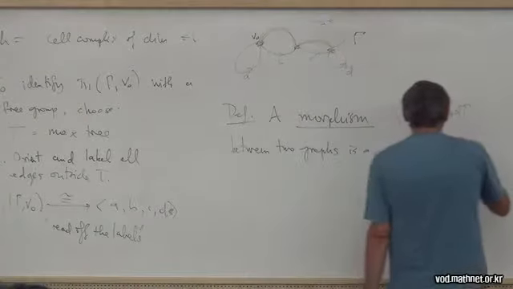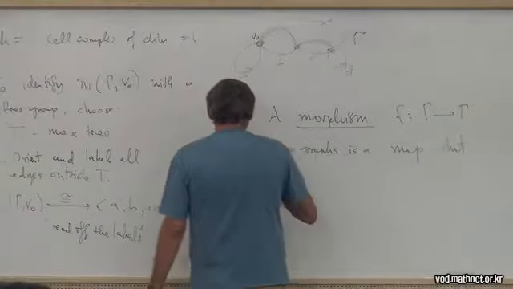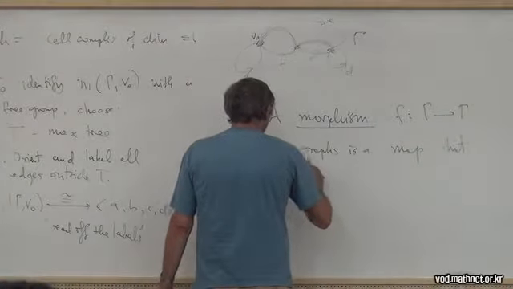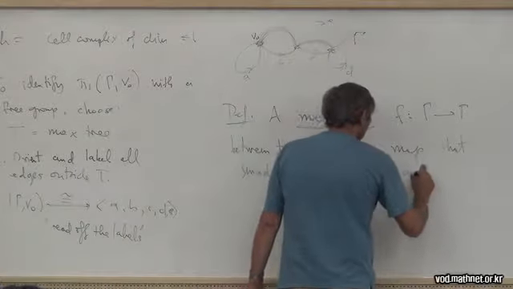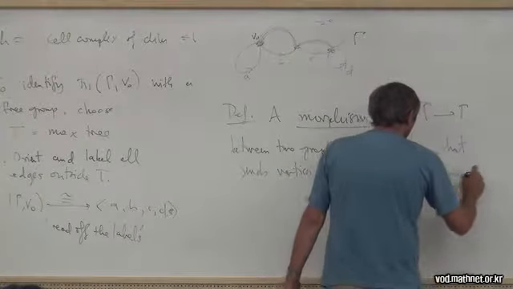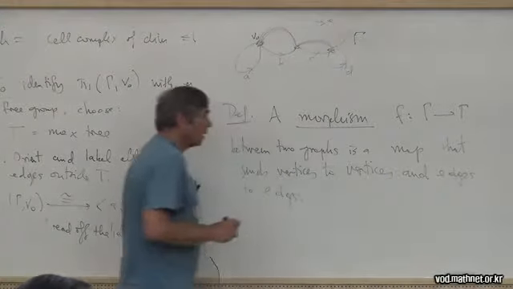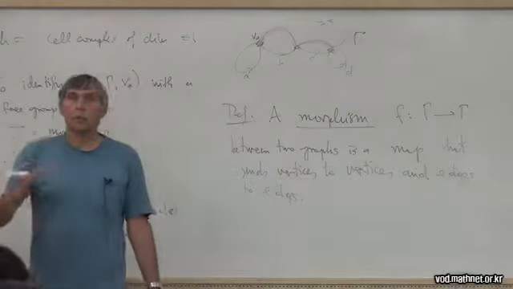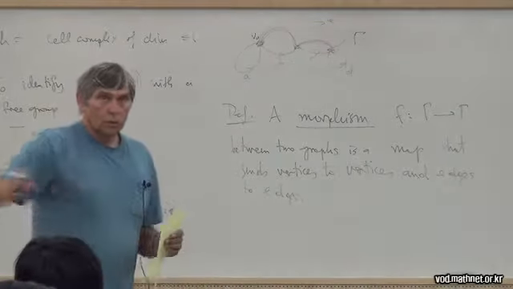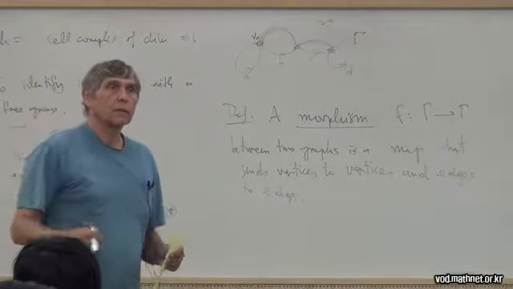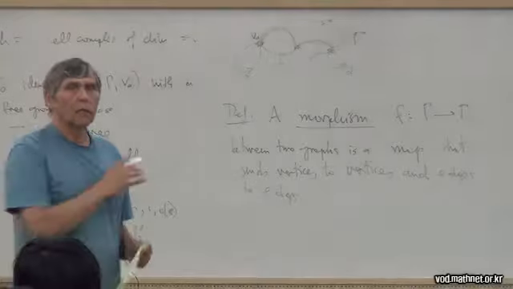A map that sends vertices to vertices and edges to edges. Now it's edges to edges rather than edges to edge paths. Sometimes people allow maps that send edges to edge paths, not just a single edge, but some path that goes across several edges. We don't allow that here.